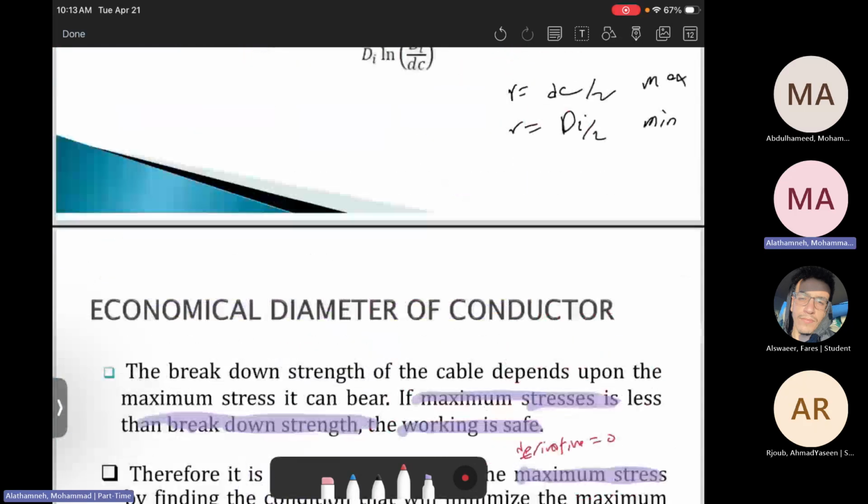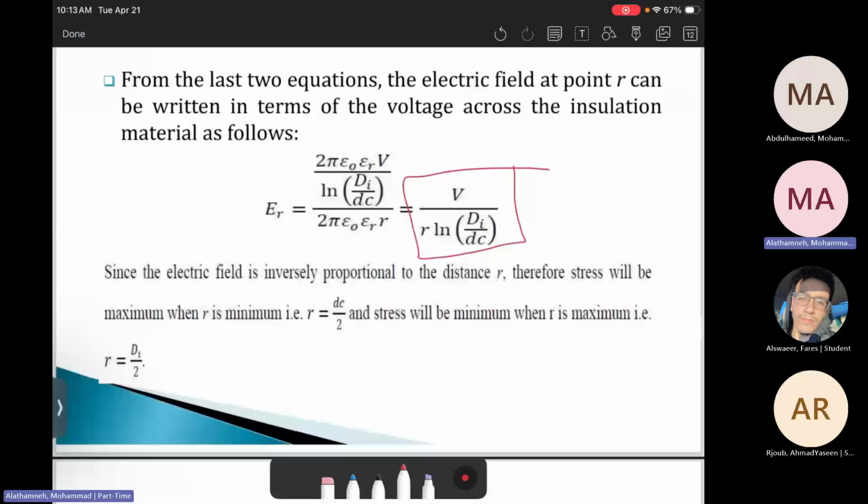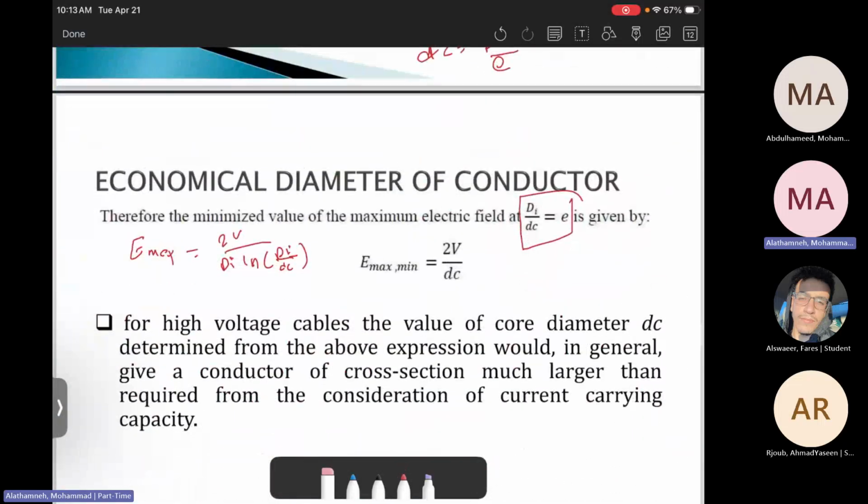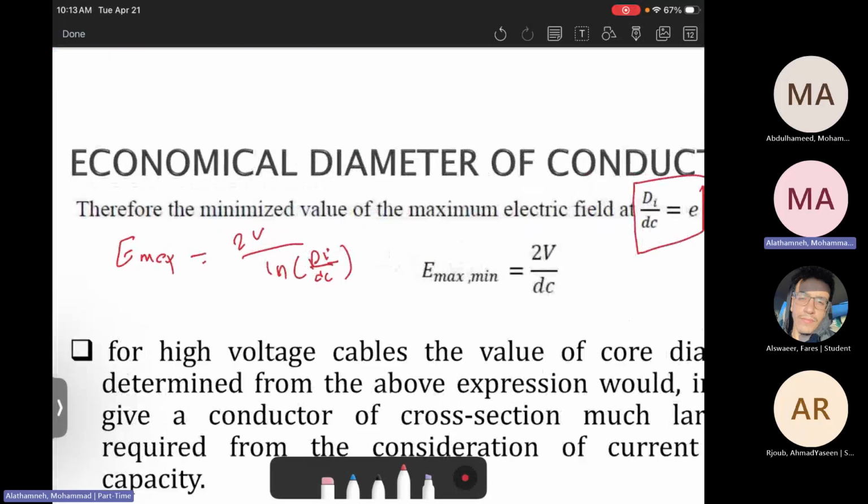Let me check it again. Is it DI? I believe it's the maximum at DC. Okay. This is the original maximum.